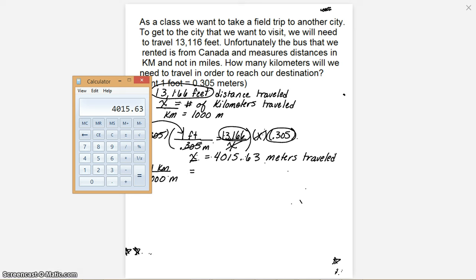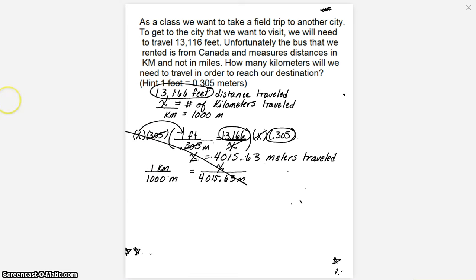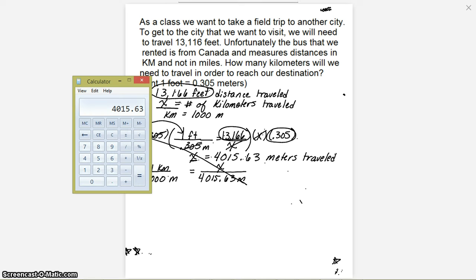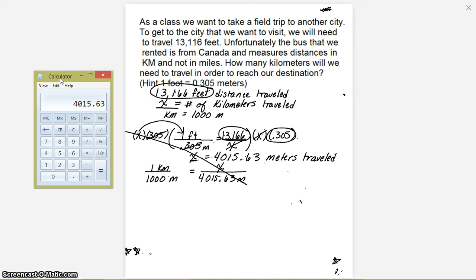And I also know the total distance I need to travel is 4,015.63 meters. And my very final answer I want to know, so sorry you guys. I wanted to get that calculator back, but I want to just move it out of the way. I'm sorry, now it's ugly, but I haven't figured out how to change that yet.